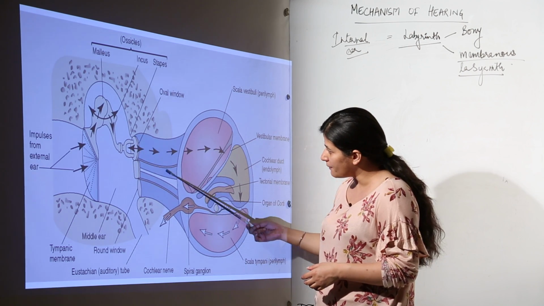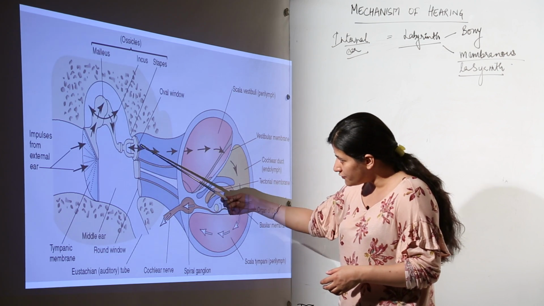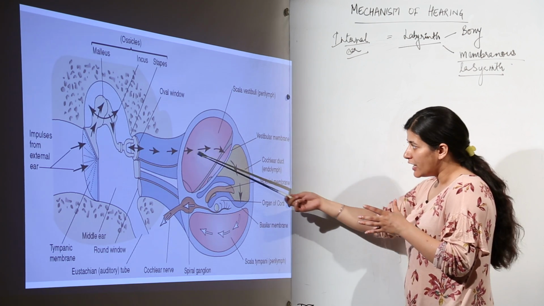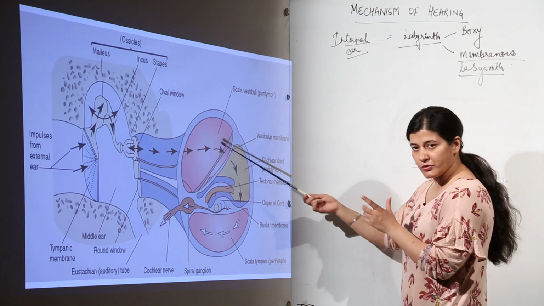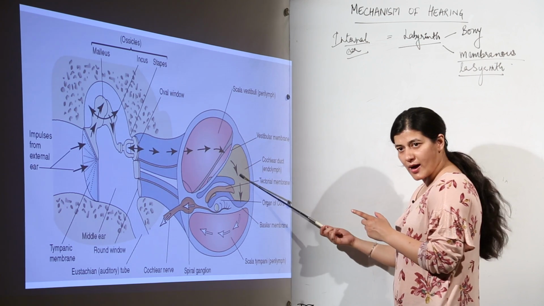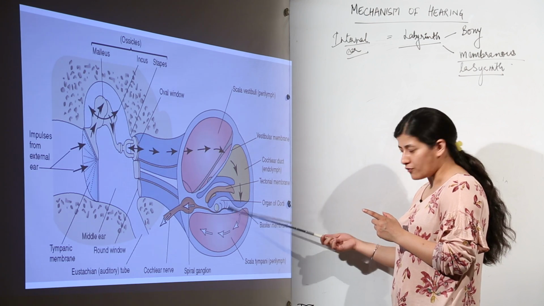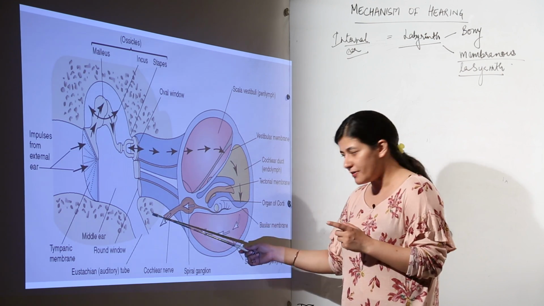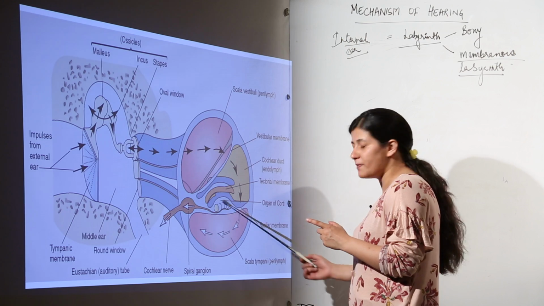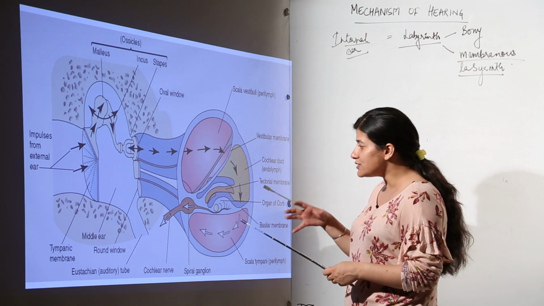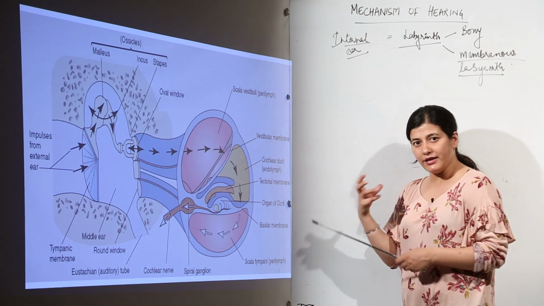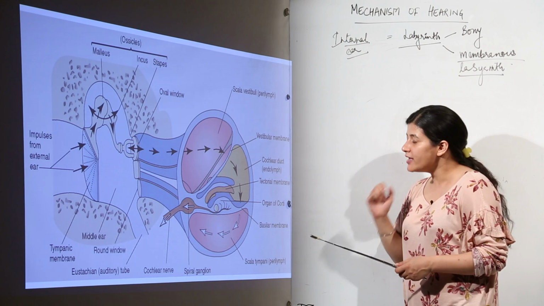It was taken up by the oval window, it further moved the cochlear duct, it came to the scala vestibuli, it moved to the endolymph part. In the endolymph part, the movement was perceived by the organ of Corti, it went to the brain, and some of it was absorbed by the scala tympani as well. In this way, the entire hearing mechanism takes place.